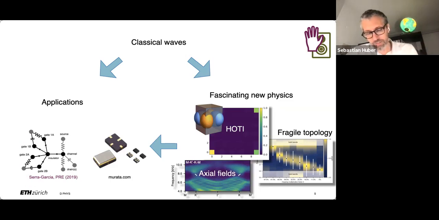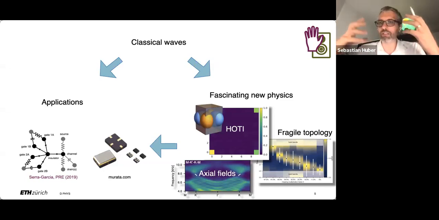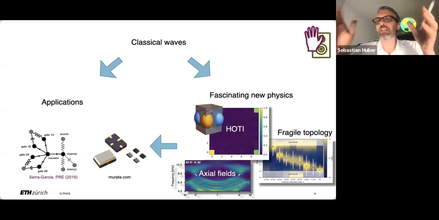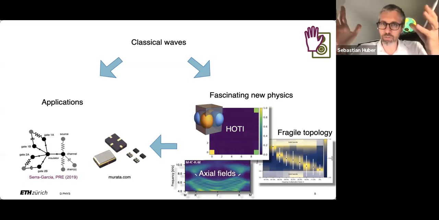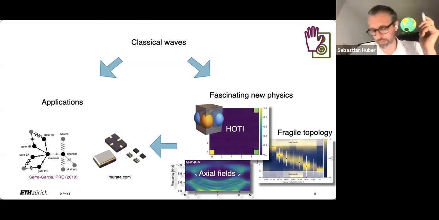The other thing is, besides the fact that classical waves are much easier to handle and so routes to applications are much simpler, you can also do a lot of fascinating physics, just because they're easy to handle. If you have an idea and want to see whether something you know from a theoretical perspective really checks out, you just go to the lab, you build it, you measure it, and it's a simple platform that unleashes fascinating physics.